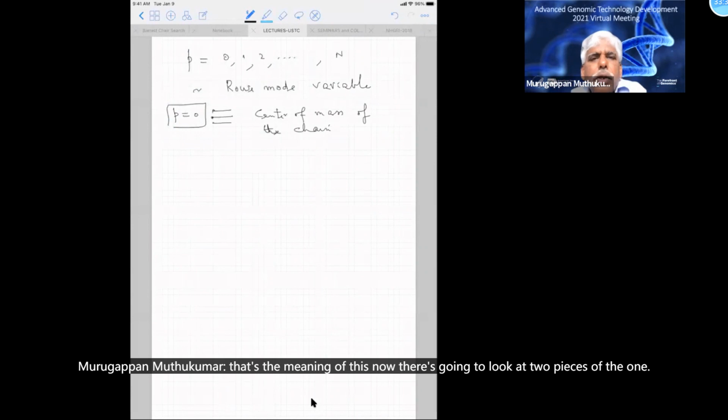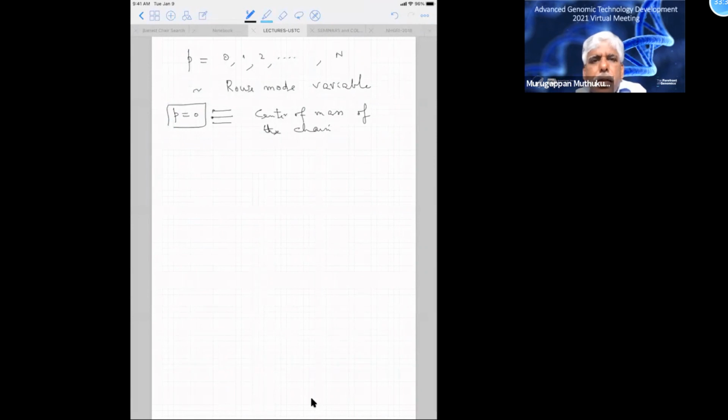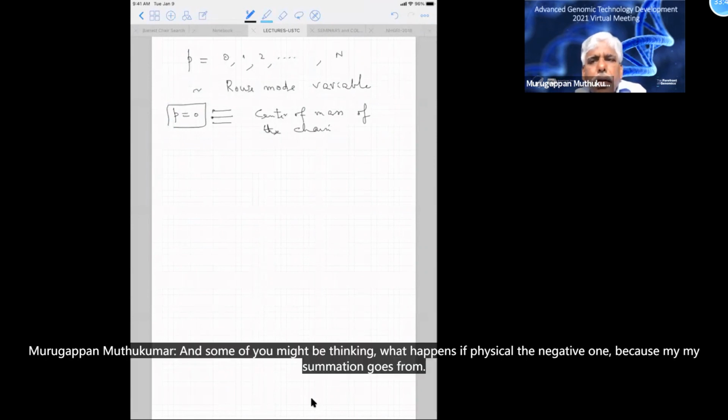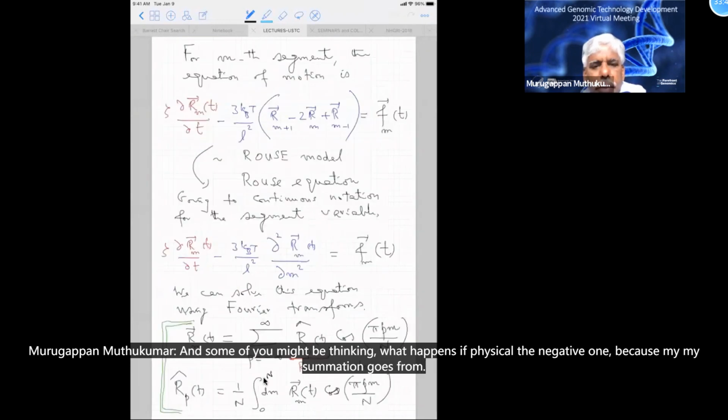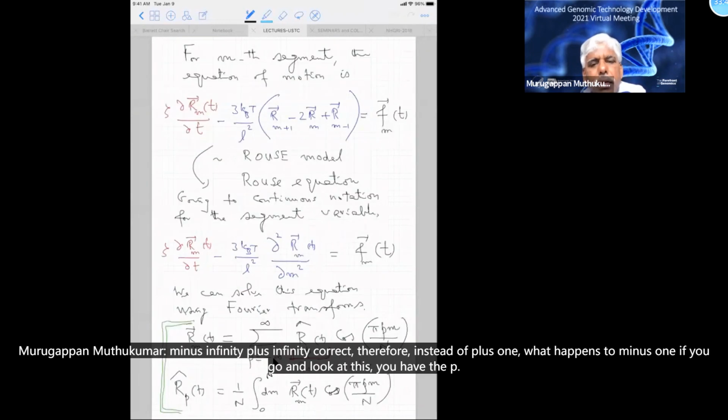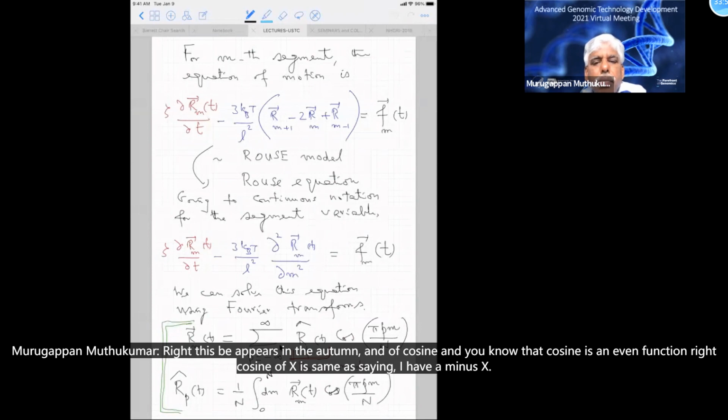Now let's go and look at p is equal to 1. And some of you might be thinking, what happens if p is equal to -1? Because my summation goes from -infinity to +infinity, correct? Therefore, instead of +1, what happens to -1? If you look at this, you have the p appearing in the argument of cosine.